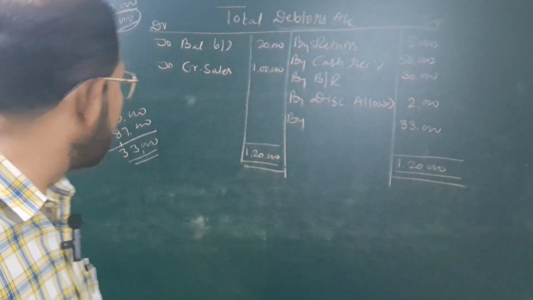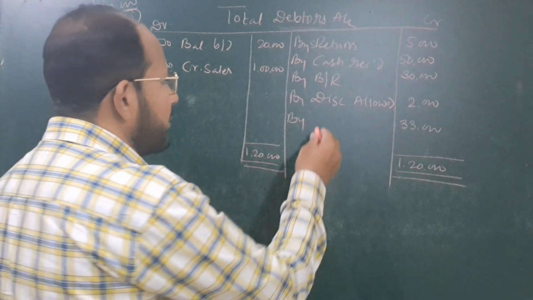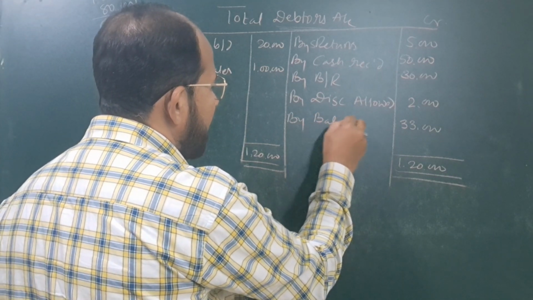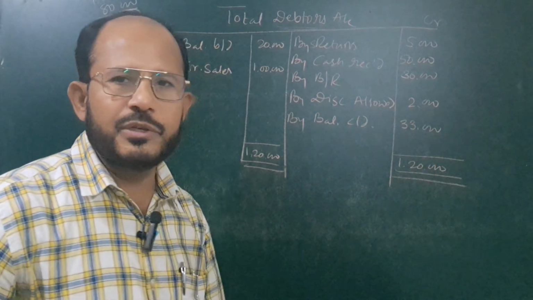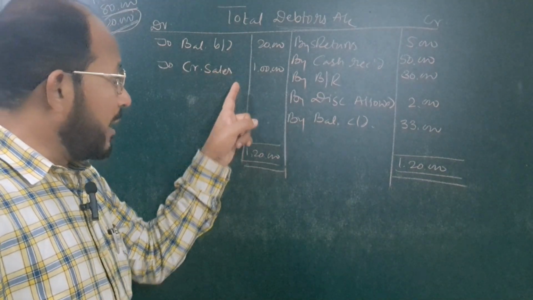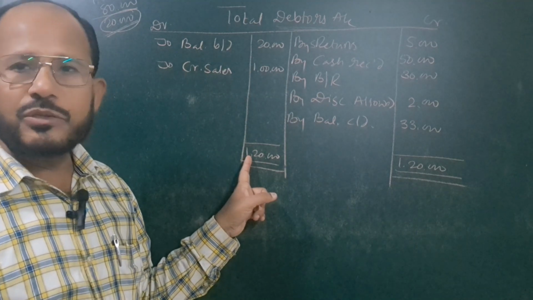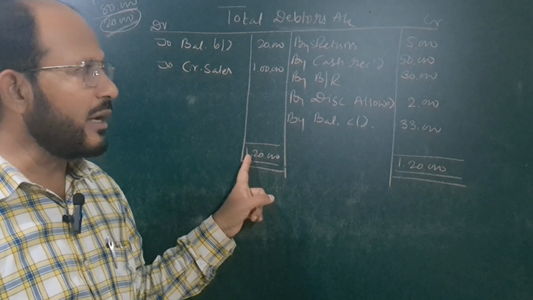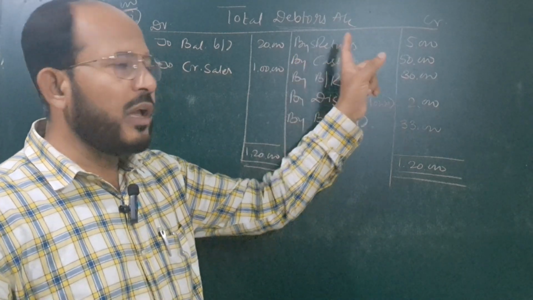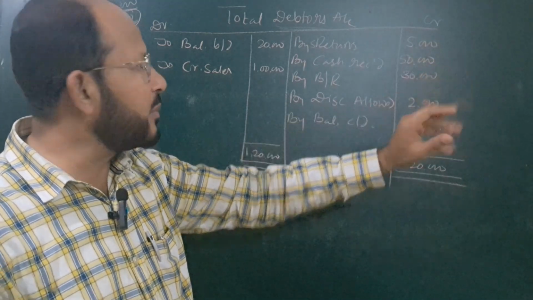It means it is due by the debtors. To balance, carry down, we have to write rupees 33,000. Just try to understand here. This is the actual amount due by the customers. Rupees 1,20,000 was the amount due from the debtors. Out of that, we have deducted the goods they had returned, rupees 5,000.